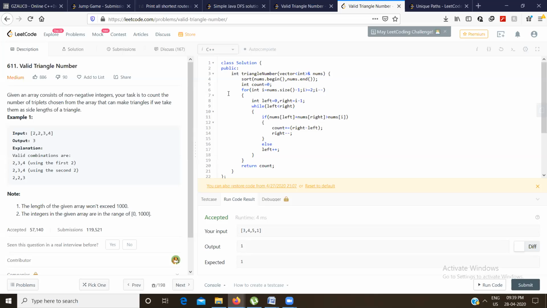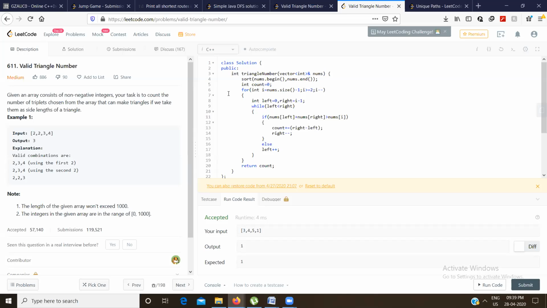Sorry, it could be n square, right? But if it's n square, can we check the start of the sorted array and the end of the sorted array? Then we may know the answer, and we don't need to go to that n square. But overall, it will be n square only, because n log n is less than that. At least it will be n square.